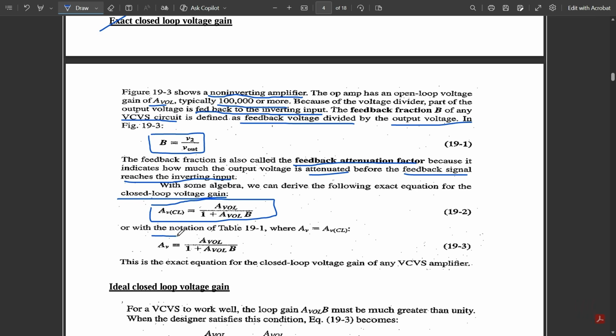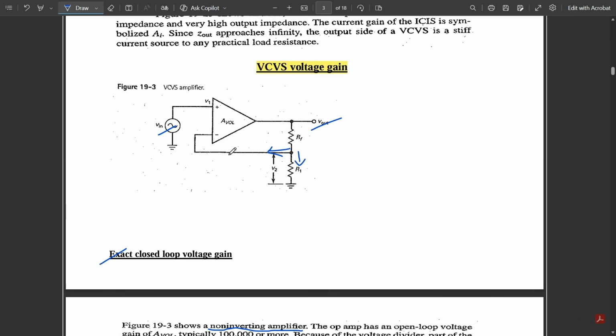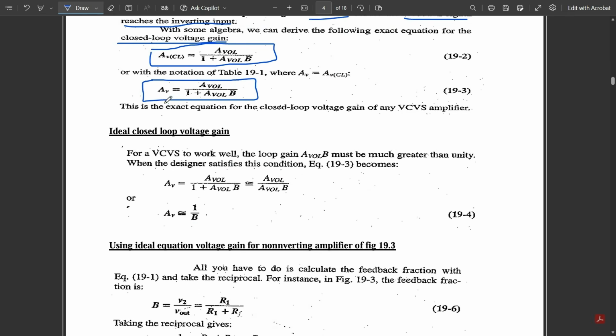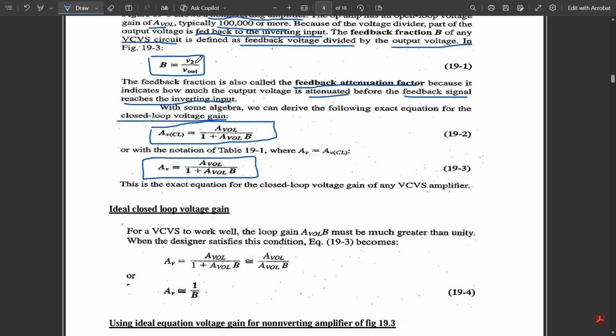This is the equation you need to remember for the closed loop voltage gain of a VCVS amplifier, where beta is equal to V2 divided by V out. So this is the exact equation for the closed loop voltage gain of any VCVS amplifier.